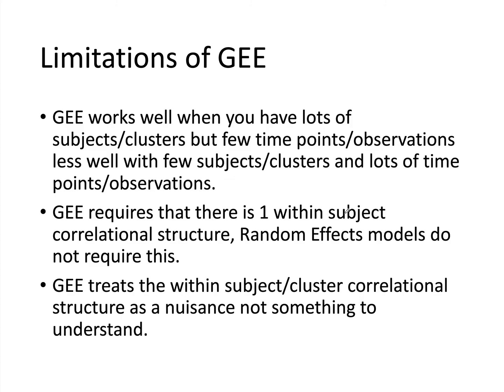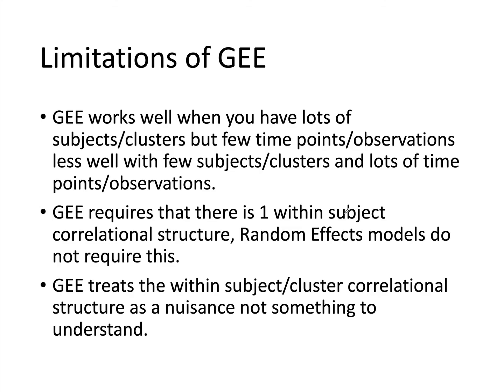And often we want to understand, are there different relationships between schools and socioeconomic status? Do different schools differentially affect the relationship between socioeconomic status and reading scores? Remember, we talked about that earlier on. Generalized estimating equations can't do that. Random effects models can.